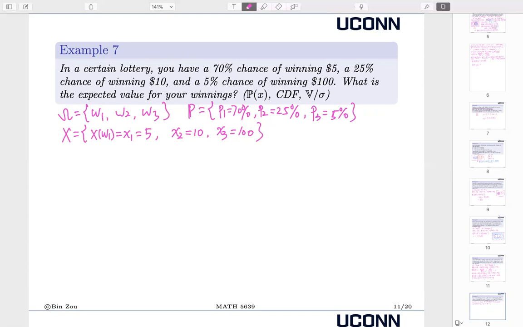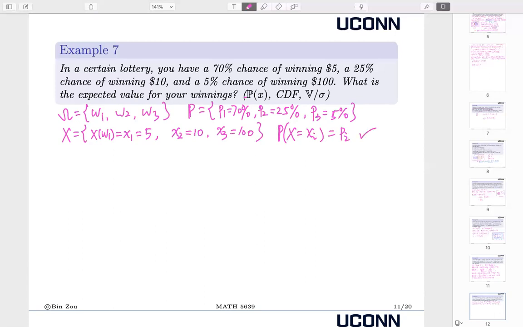So we have a random variable that takes 3 possible values, 5, 10, and 100. They are distinct, and each has a probability known to us, that is P1, P2, P3. If you want, you can write down the corresponding probability for X. So we know P(X = Xi) is simply Pi.